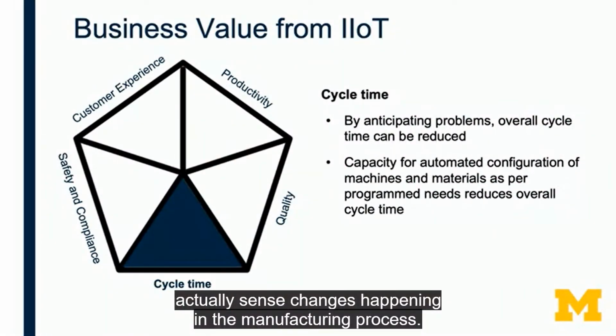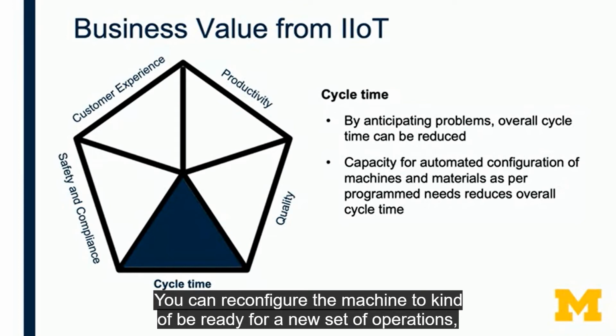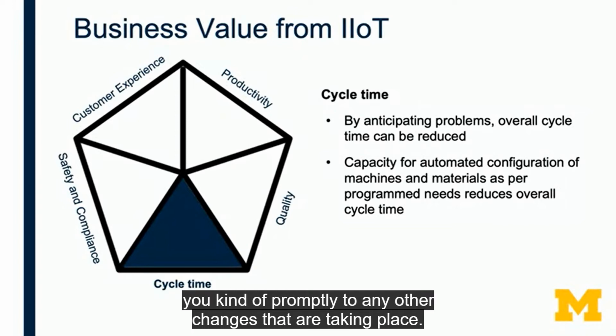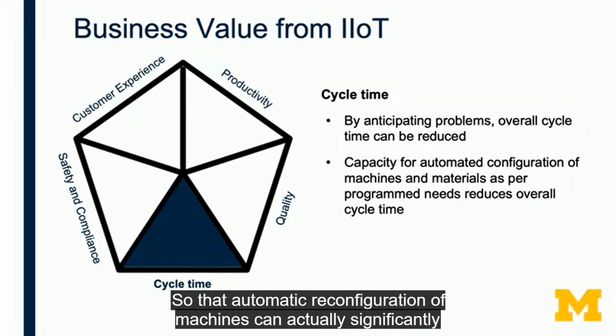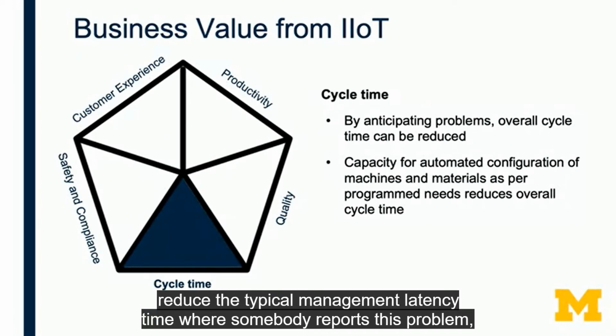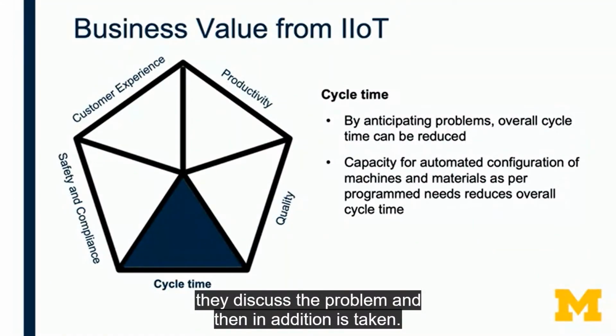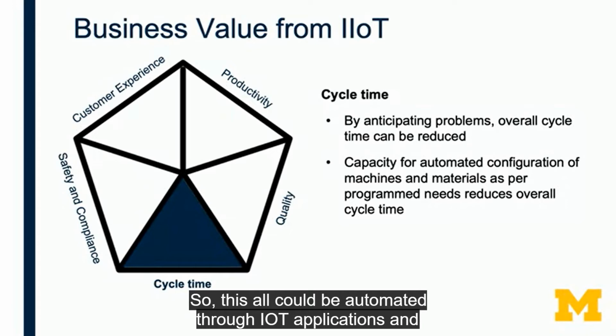You can reconfigure the machine to be ready for a new set of operations, promptly, in response to any other changes that are taking place. So that automatic reconfiguration of machines can significantly reduce the typical management latency, where somebody reports a problem, they discuss the problem, and then action is taken. So this all could be automated through IIoT applications, hence shrinking the overall cycle time.